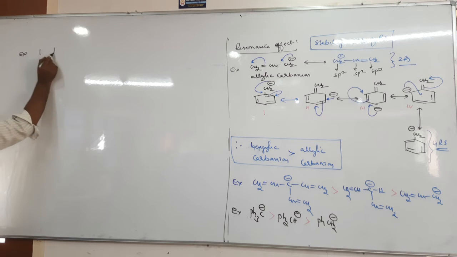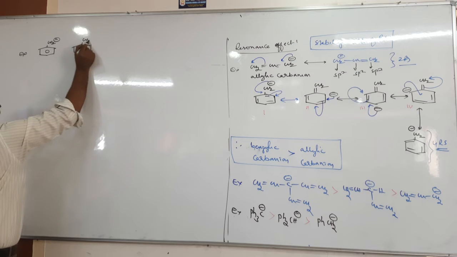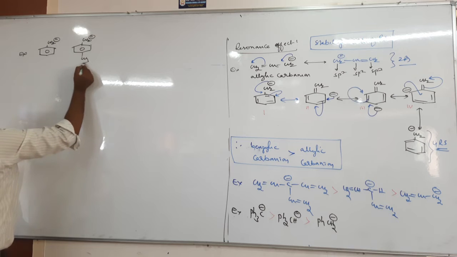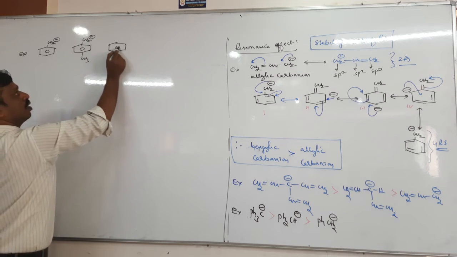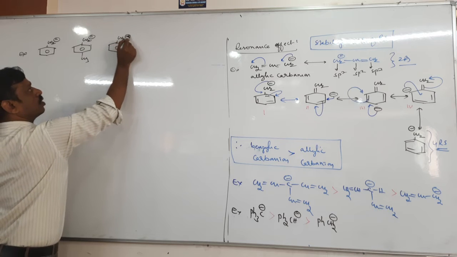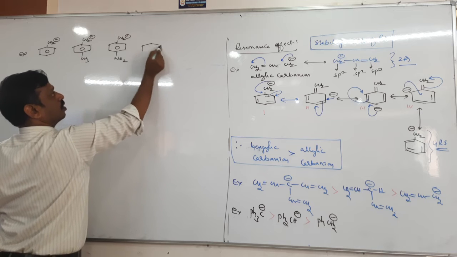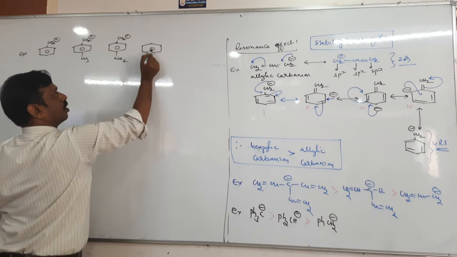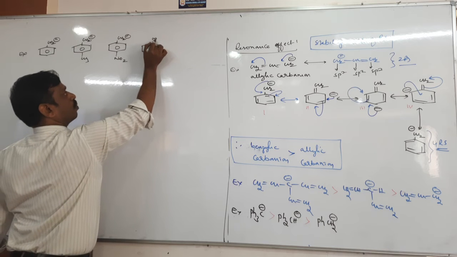Let us take benzyl carbanion and at para position there is a methyl group, comma, in para position there is a NO2 group, comma, in para position there is a methoxy group.